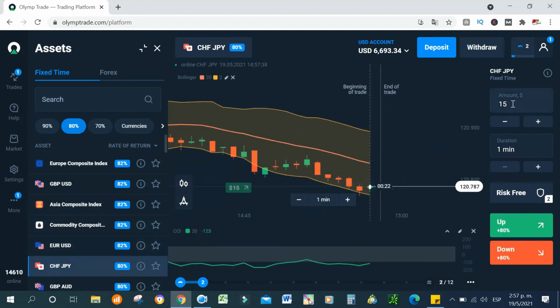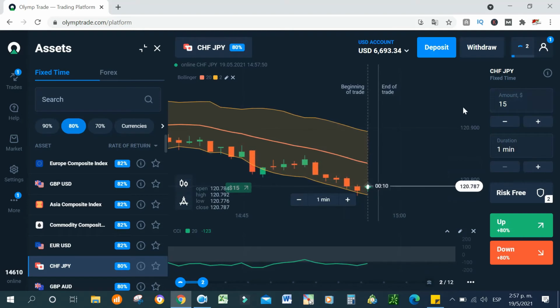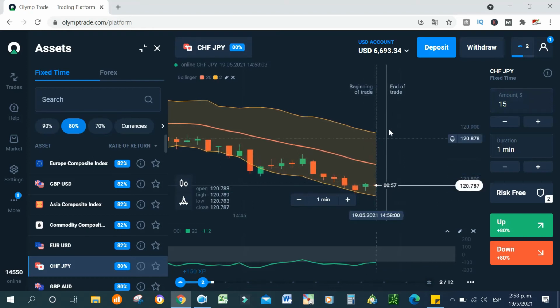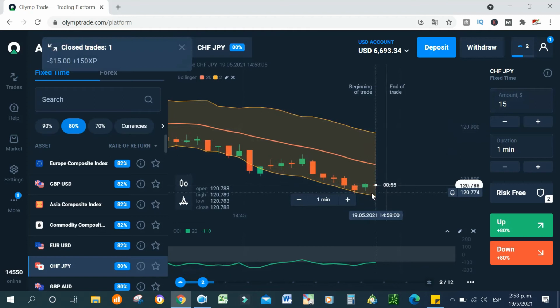So as you can see, I add $5 plus to this trade. So if I win, I will recover the last one. Yes, 1, 2, 1, and yeah, here we go.